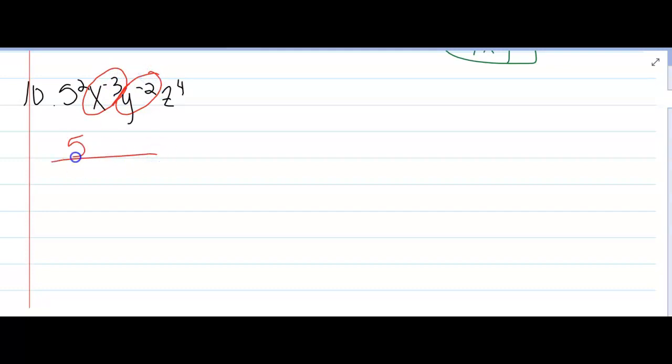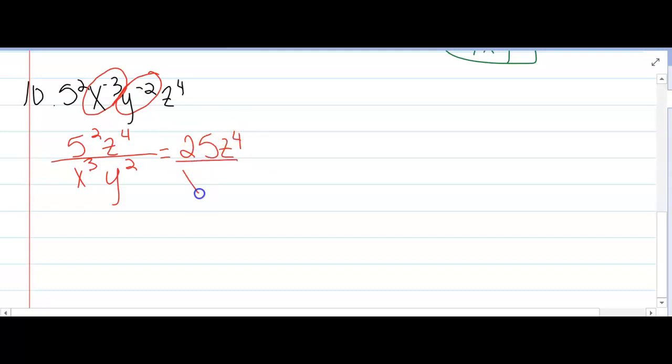So I didn't circle the 5. I didn't circle the z. I did circle the x and the y. So you're going to move those down to the denominator and change the power of their exponents. And we wouldn't want to leave it as 5 squared. 5 times 5 is 25. Z to the fourth over x cubed y squared.